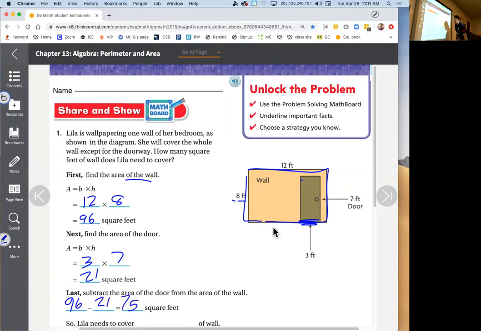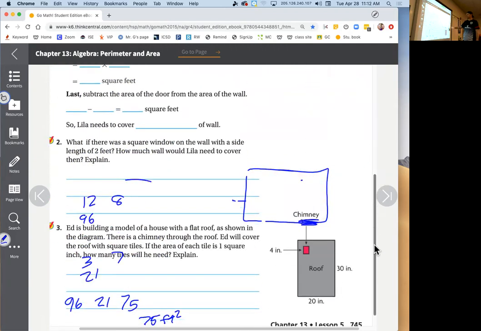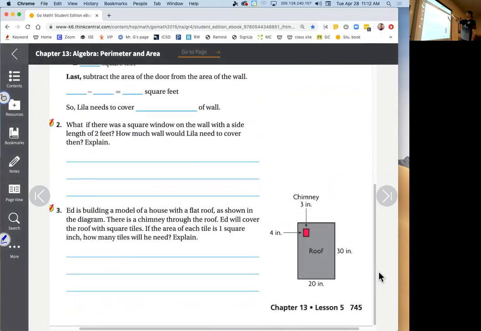Is that right? Did I do my math right? Woo-hoo! So did you. Good job. So she needs 75 square feet. Okay? That's it. That's all you are doing today. Pretty simple and straightforward.